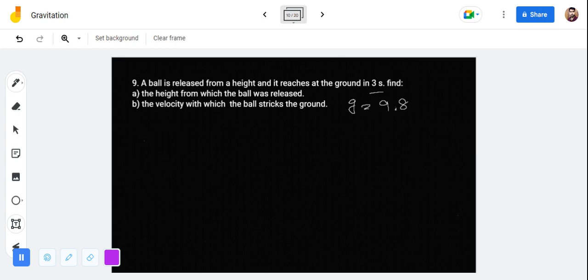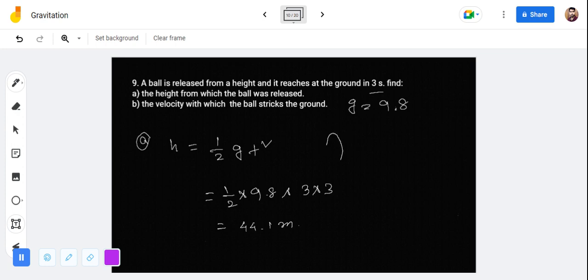So for the first case, we will use h is equal to half gt square. Now put the value, half into 9.8 into t, which is 3 into 3. If you do the calculation, the value of this will be 44.1 meter. And for v, the velocity with which the ball strikes the ground, we will use v equal to gt.